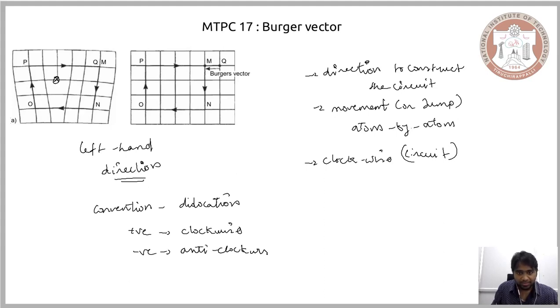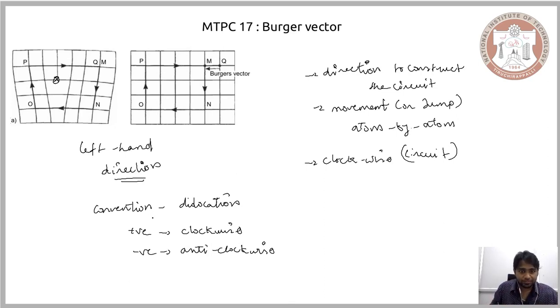When you build such a convention, it will help us distinguish a positive edge dislocation from a negative edge dislocation based on the direction of the Burger's vector.